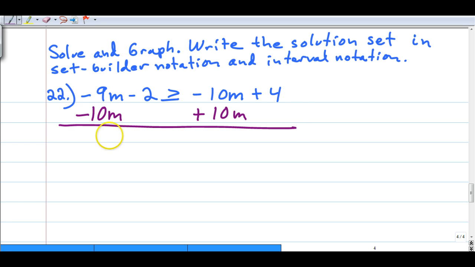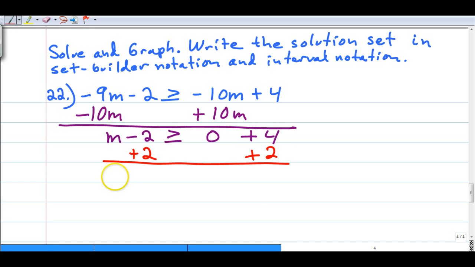So I come down here and I end up with a +m, or 1m, -2 is greater than or equal to, this went to a 0, plus 4. So to move the 2, I'm going to add a 2 to both sides, +2.